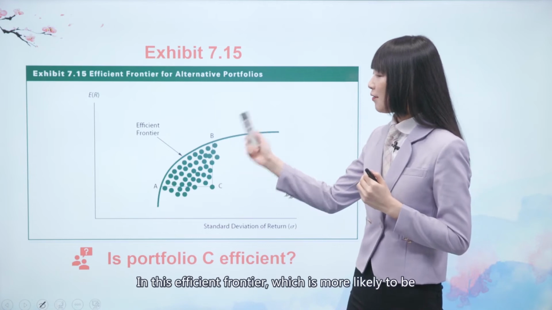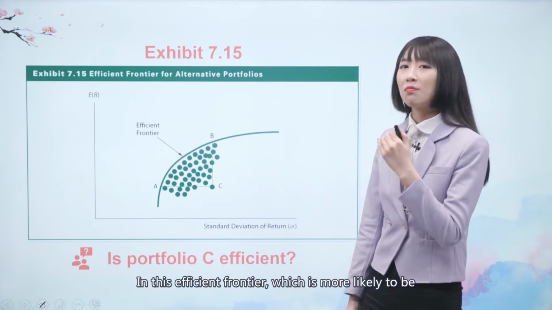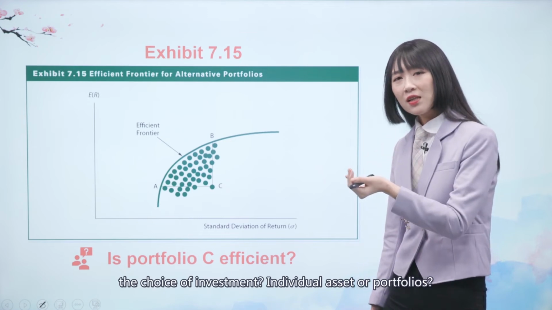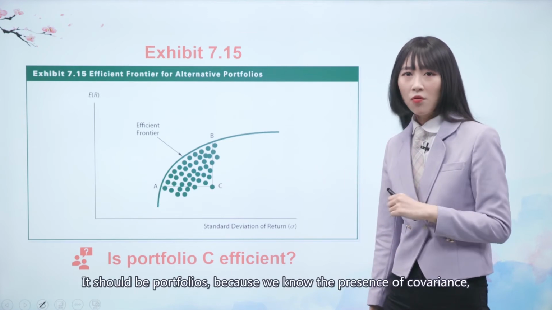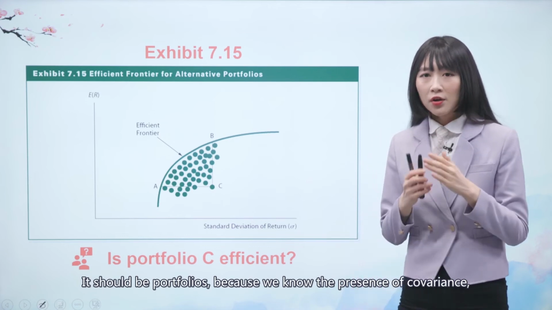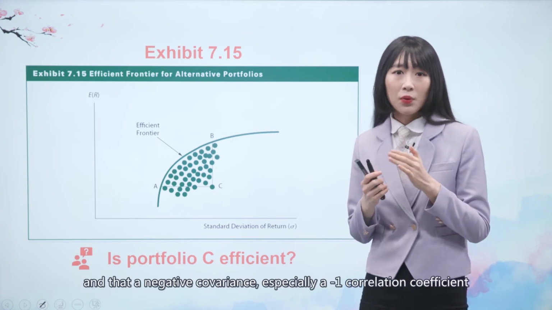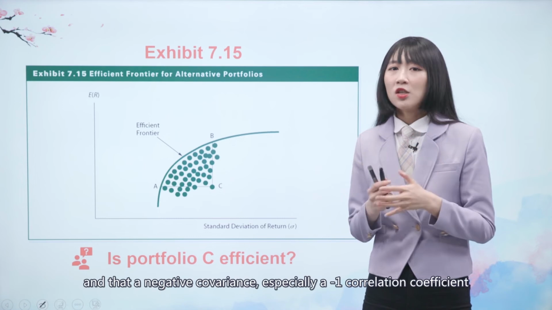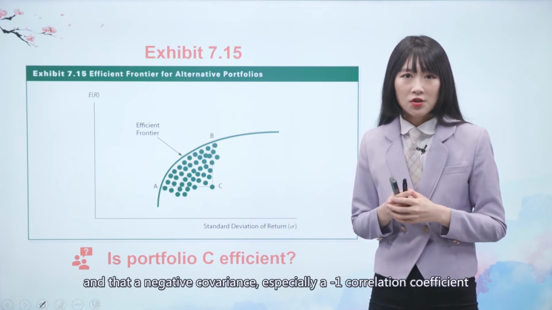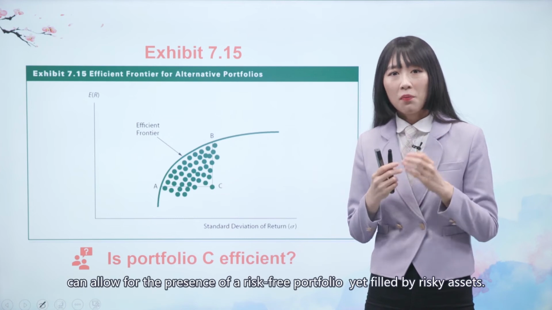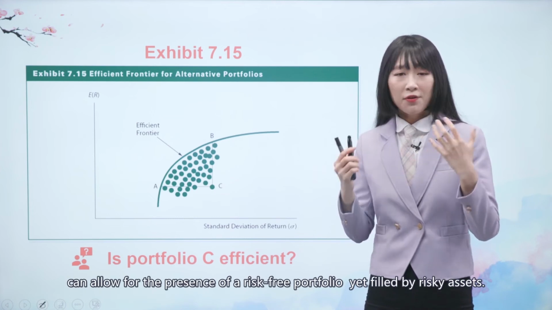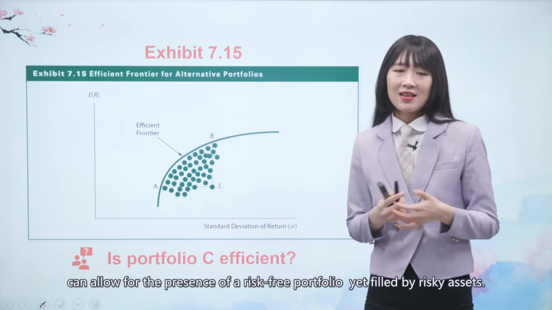Now, let's ask a question. In this efficient frontier, which is more likely to be the choice of investment? Individual assets or portfolios? Well, it should be portfolios, because we know the presence of covariance, and we know that a negative covariance, especially a -1 correlation coefficient, can allow for the presence of a risk-free portfolio yet filled by risky assets.